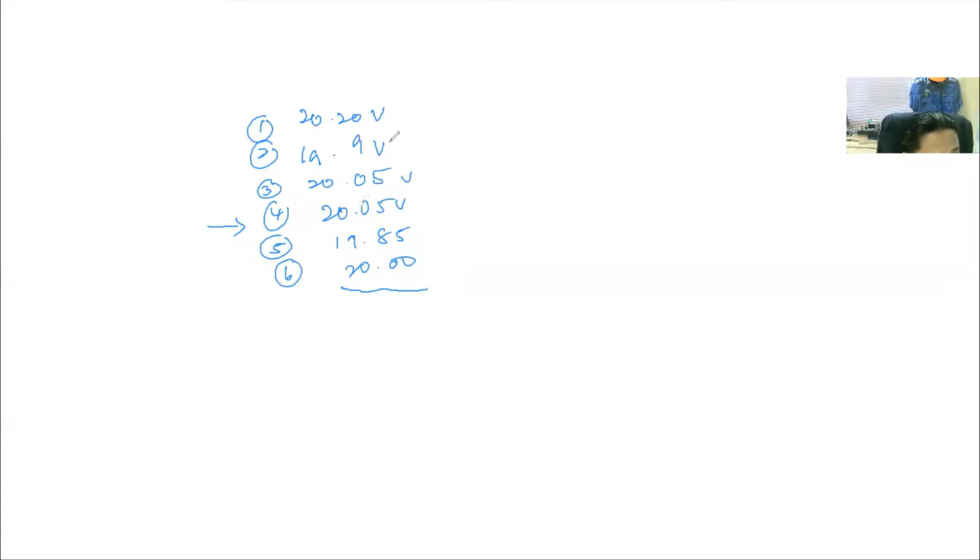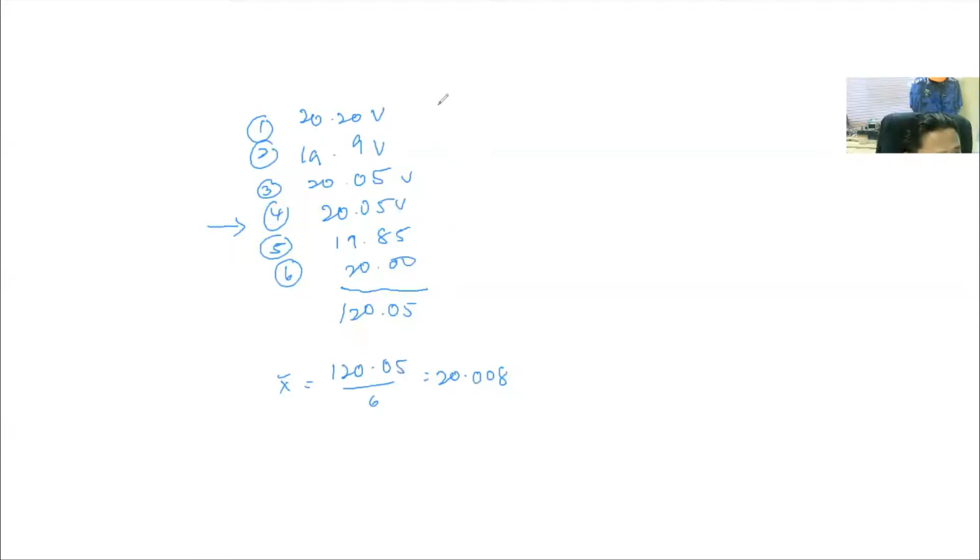Data 1 plus 2 plus 3 and so on, the total is 120.05. Then divide by 6 because we have 6 measurements, and the answer is 20.008. We call this the average, x bar.